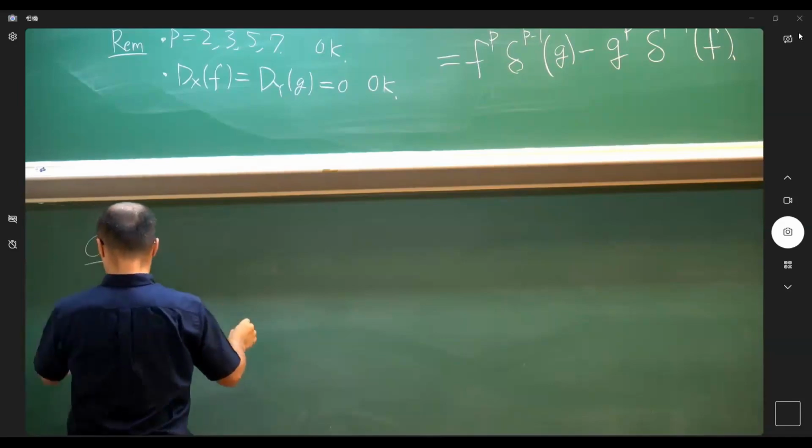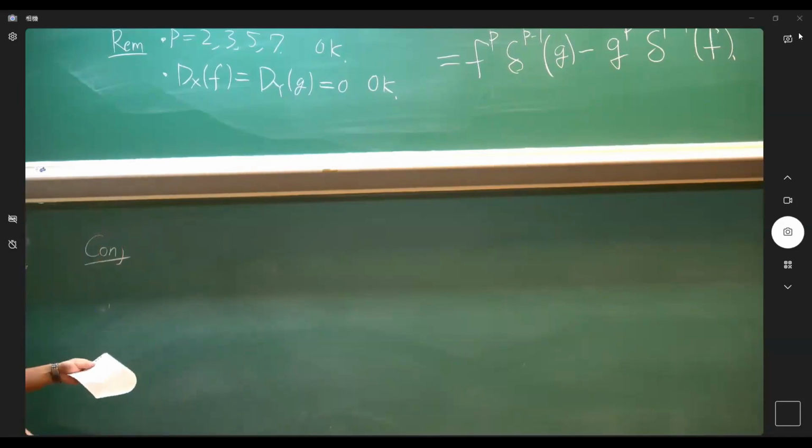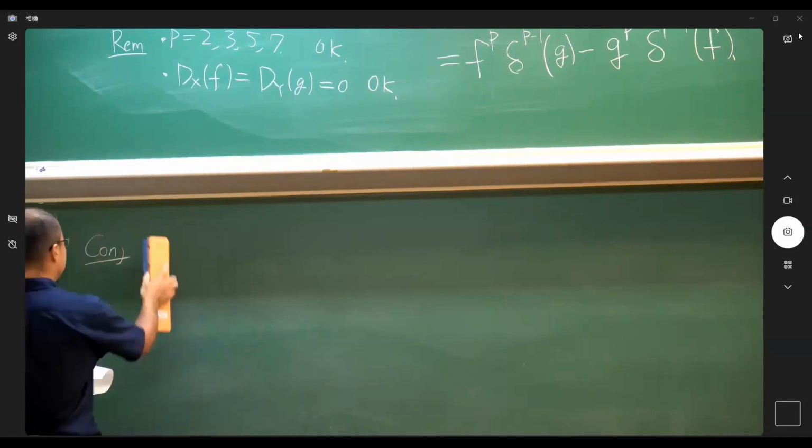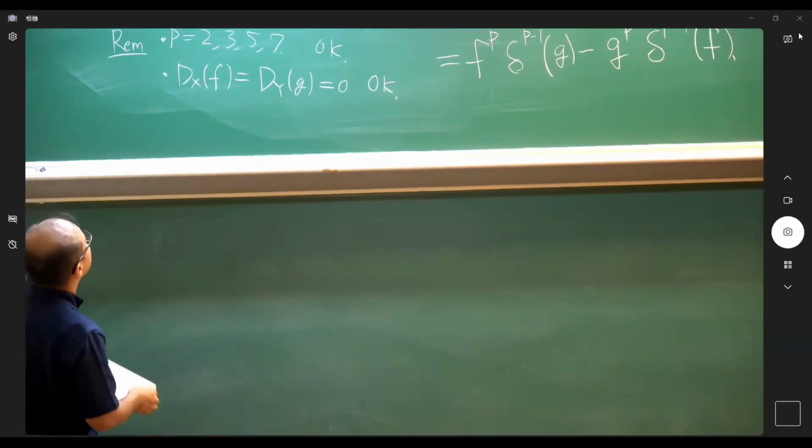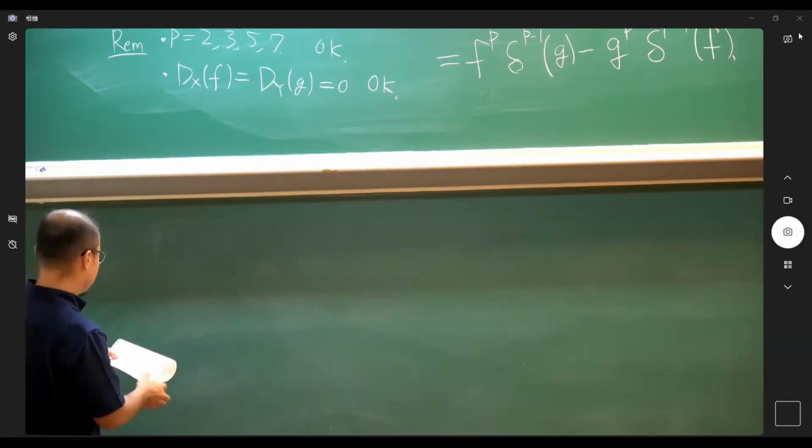There exist several conjectures, but I want to give one example. Maybe these two are the most important conjectures in this context.